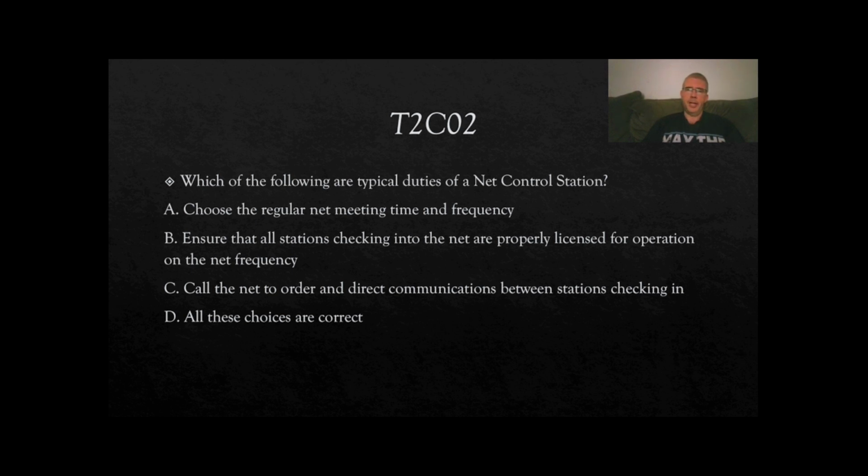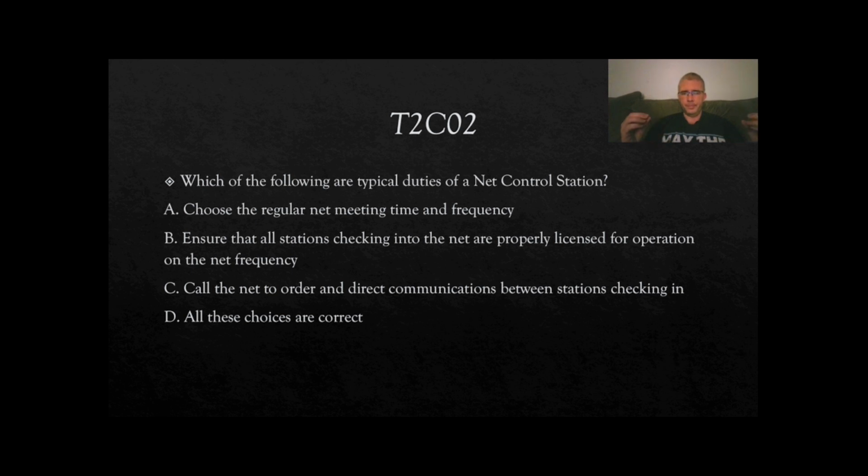So let's talk about a net. A net is usually on a particular frequency, sometimes a repeater. It has one person who controls everything that goes on. Everybody else checks into the net control, stating that they want to participate. And then the net control facilitates, talks to everybody, and makes sure nobody's interfering or talking over each other, trying to give everybody an opportunity to talk as needed.